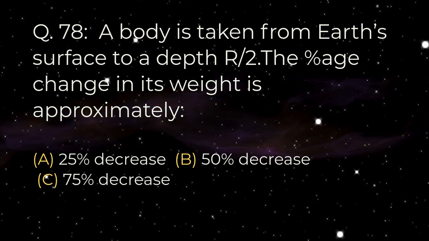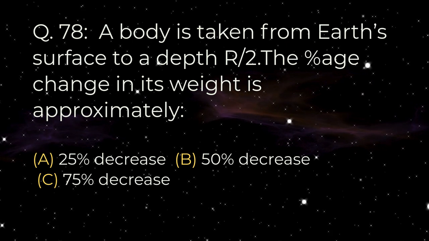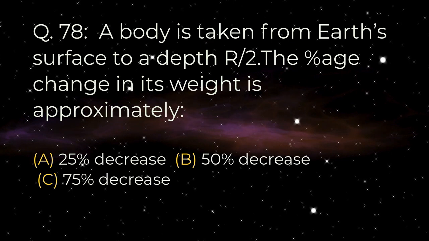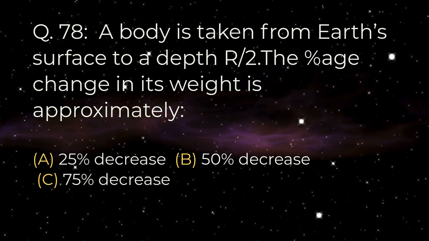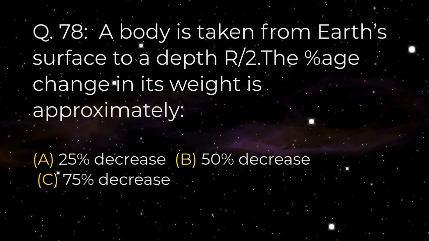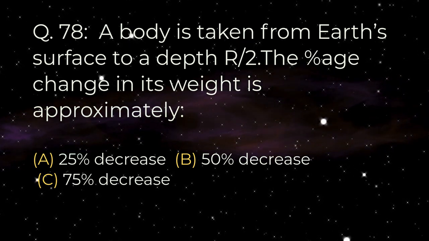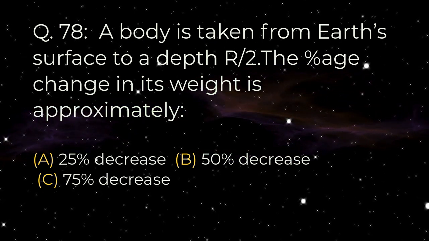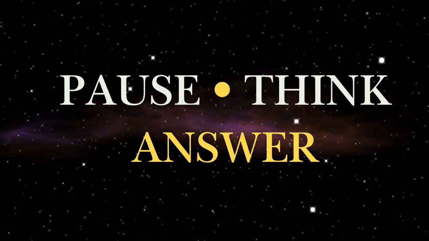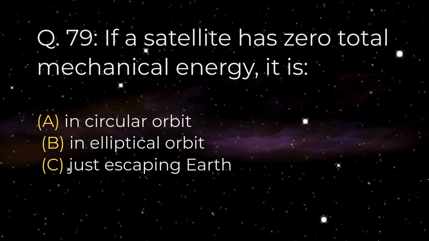Question 78. A body is taken from Earth's surface to a depth equal to half the radius of the Earth. The percentage change in its weight is approximately: option A, 25% decrease; option B, 50% decrease; option C, 75% decrease. Question 79.